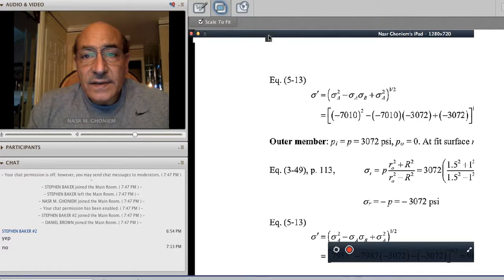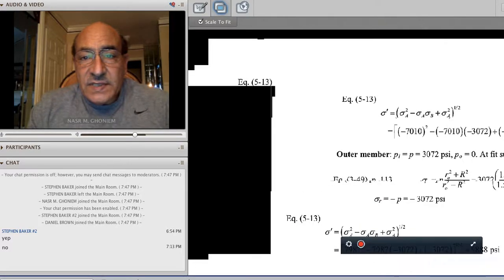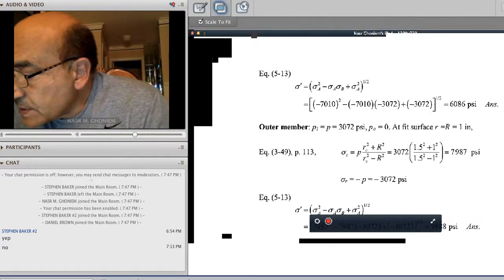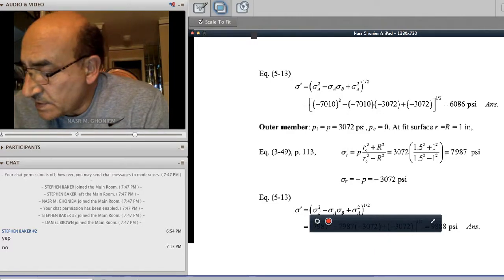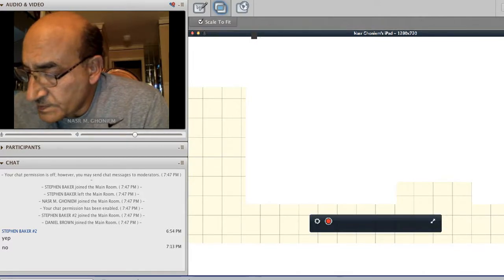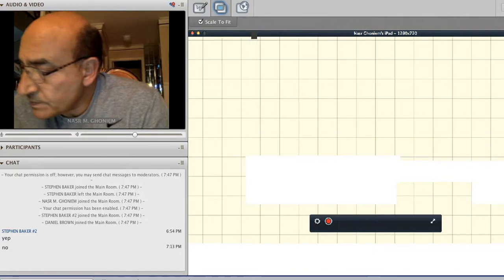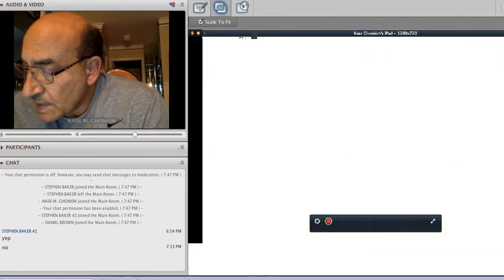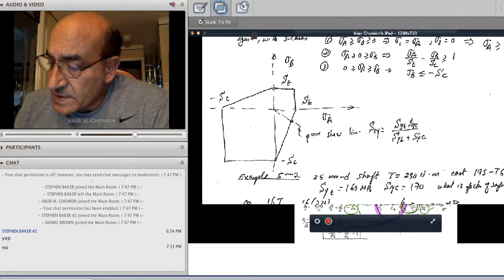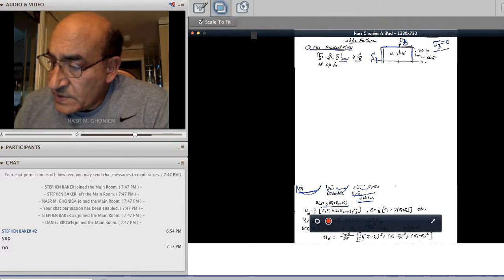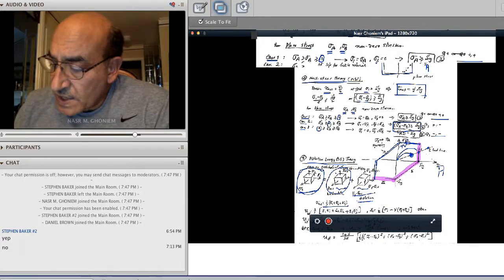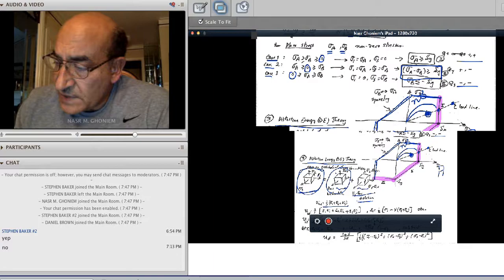Yeah. The von Mises stress is, the way that we derived it is we derived it based on the distortion energy exceeding its critical value.